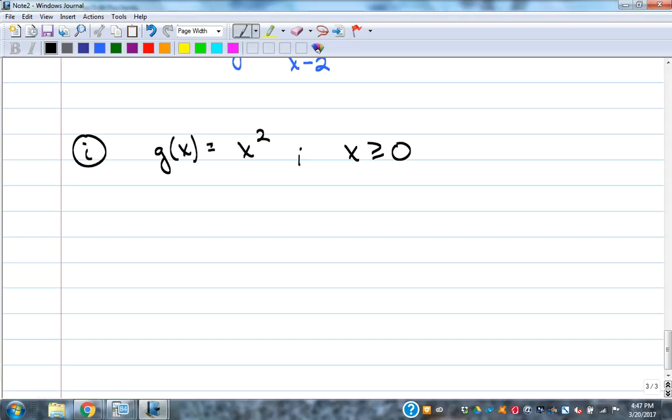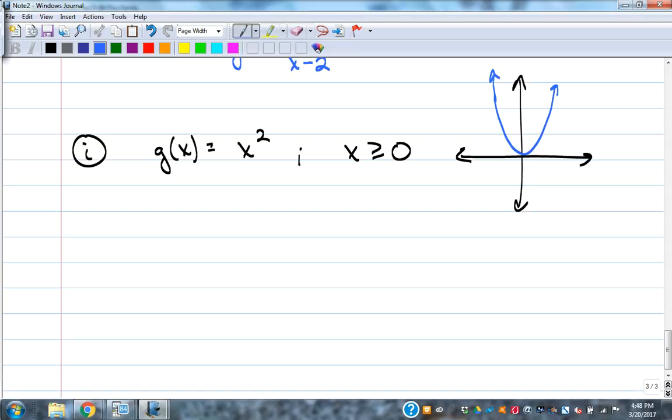Well, think about the graph of g of x. The graph of x squared is this parabola shape. Is that a one-to-one function? Not right now, it isn't. But they said that x is only greater than or equal to 0.